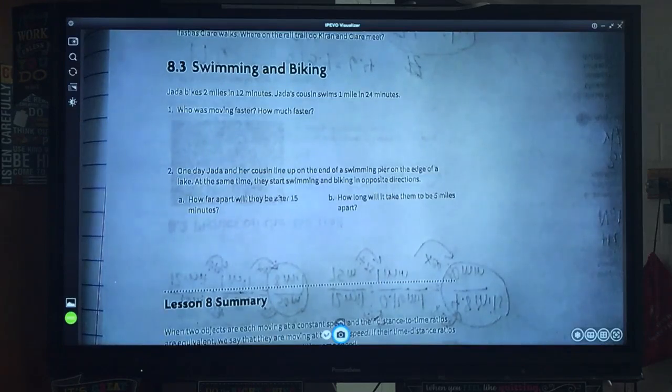Faster by like how do you know? Okay, so do I just divide like this? You're right, yeah. I divide like that. So one says 2 miles. And then you get 1 mile.